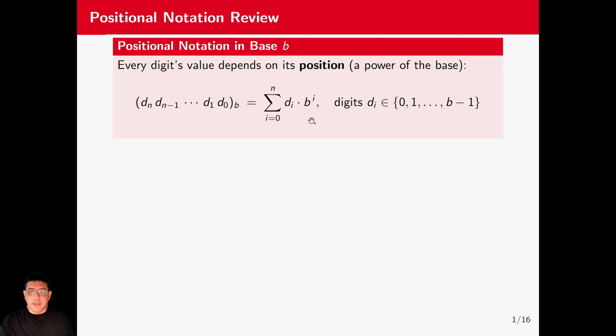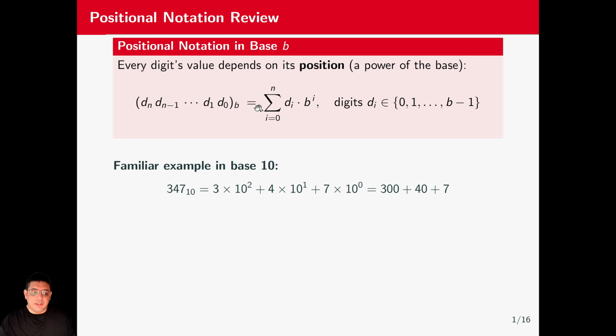Pretty much if we have a base, let's say b, then we can represent the position of a number by the digit value multiplied by the power representing the position. Just to give an example in base 10, which will be familiar, we will have 347 in base 10 is just what?